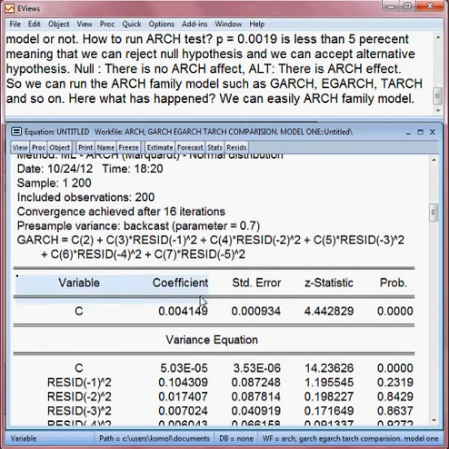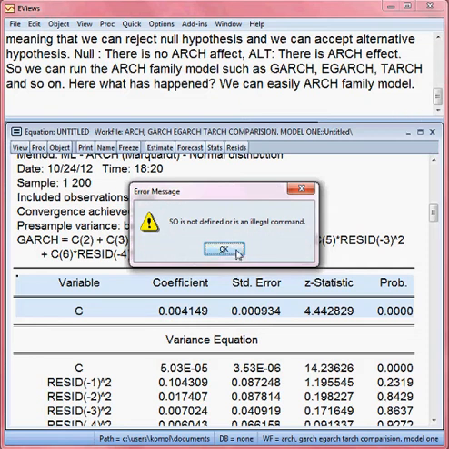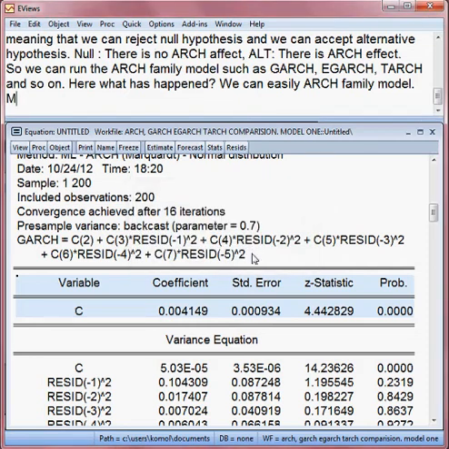And what is this one? This part is called the mean model, meaning that I can call it the mean equation, right?